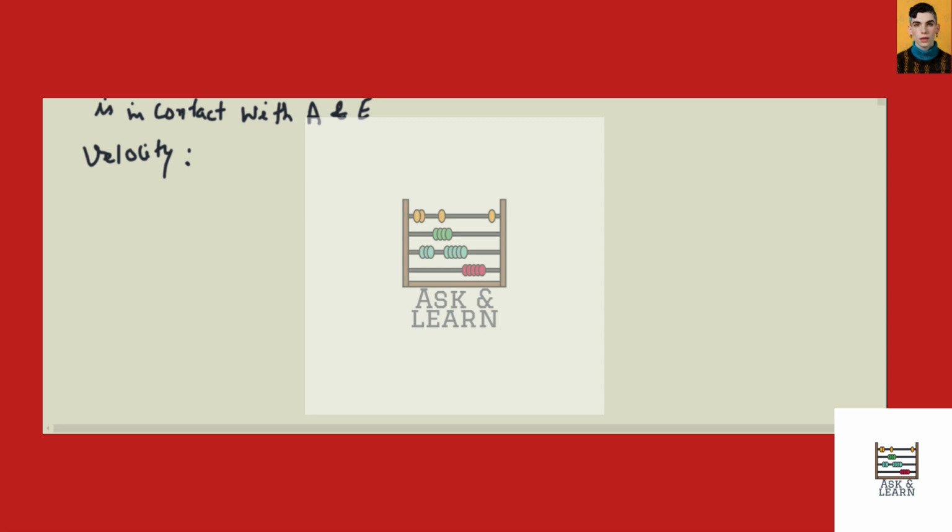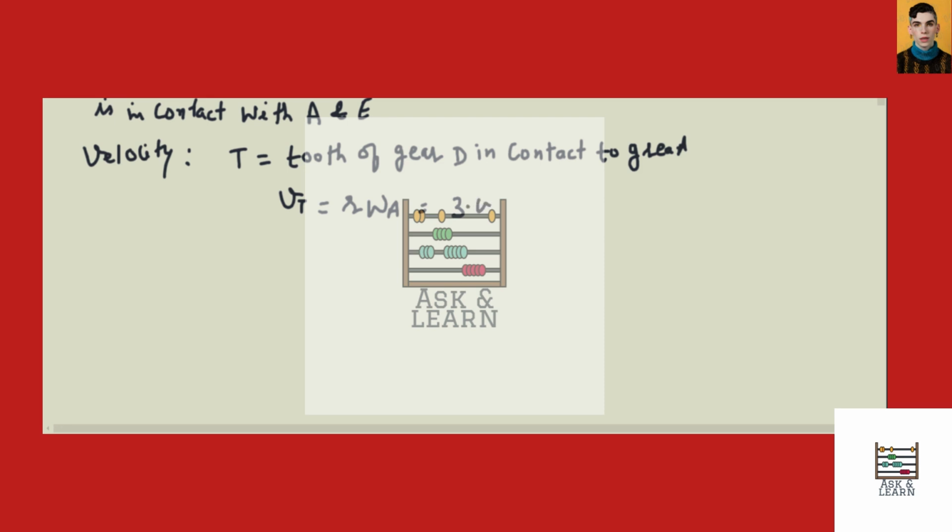T is the tooth of gear D in contact with gear A, and its tangential velocity is r into omega A. R is given 3 inch, so 3 into omega A inch per second.